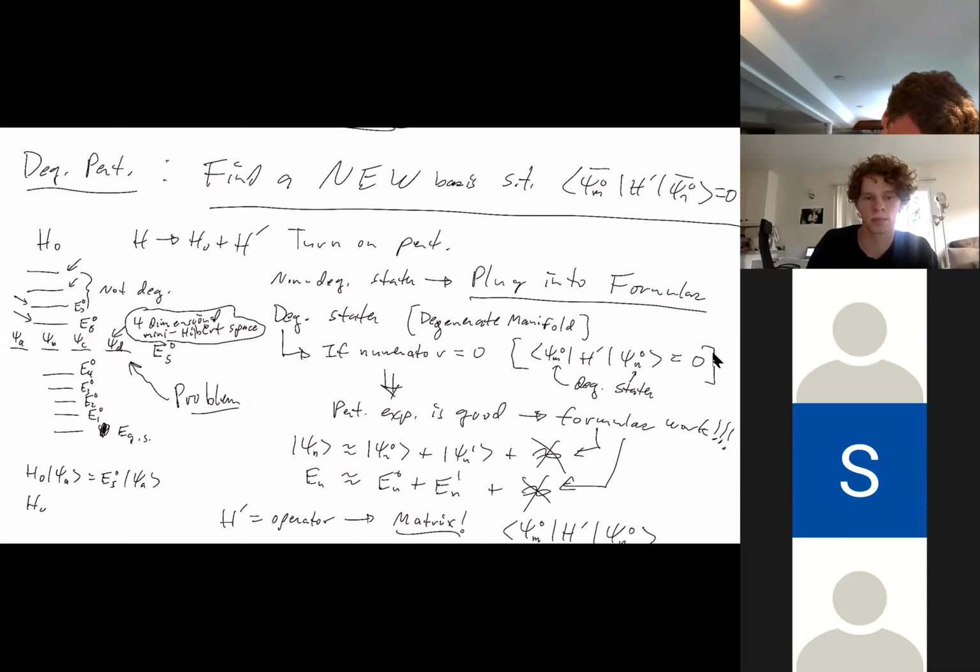And if I hit H naught up against psi B, then that equals E5 naught psi B. They are degenerate eigenstates. They have the same energy when I hit them with the non-perturbed Hamiltonian.